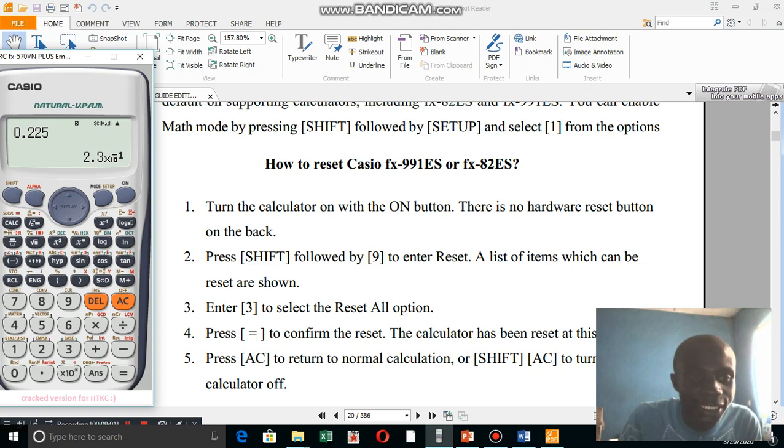You can see our calculator is giving us answers in standard form, or scientific notation. So unless you move back to the default mode, all answers you are going to obtain from your entry are going to be in scientific notation.